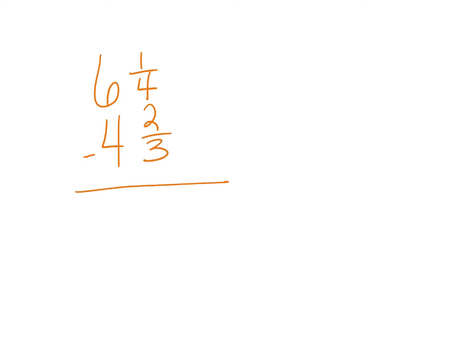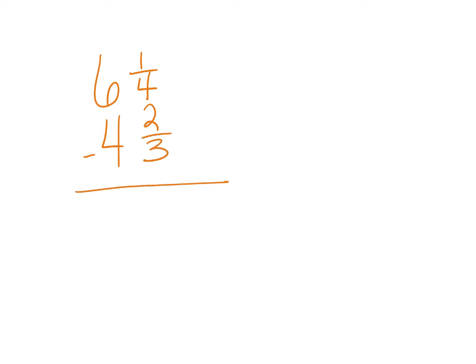Let me just begin by showing you one. I think adding fractions may not be as bad, but subtracting fractions can be a little harder. Let's say we have 6 1/4, and we're going to subtract 4 2/3. Watch closely.